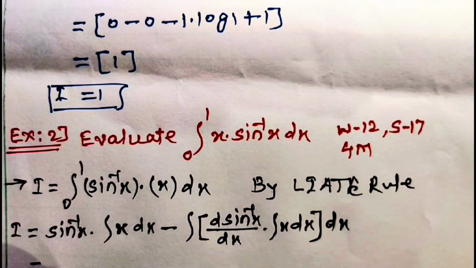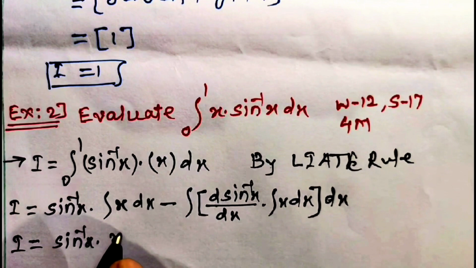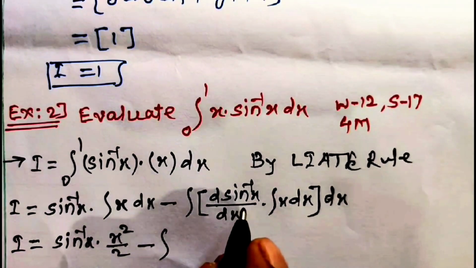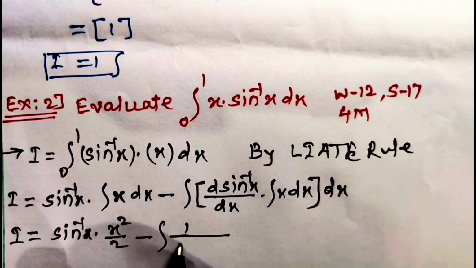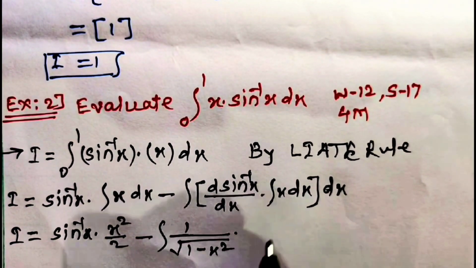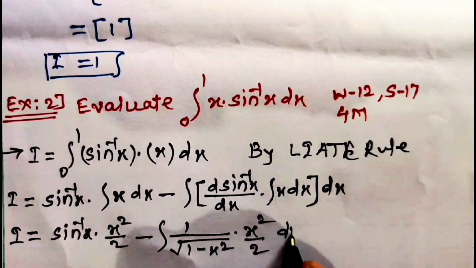So this is equal to sine inverse x as it is, and integral of x is x square divided by 2, minus integral of derivative of sine inverse x is 1 upon square root of 1 minus x square into integral of x with respect to x is x square divided by 2, integral with respect to x.